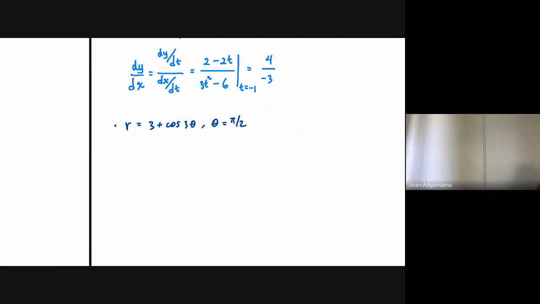And number two is r equals 3 plus cosine 3 theta. Same thing, we can make it dy over dx, the same as what we've done before, but we change to theta.